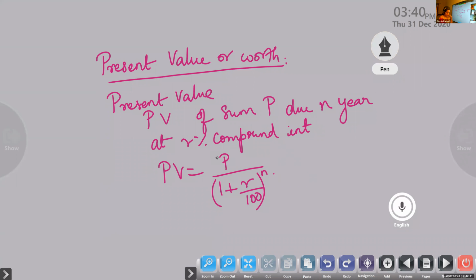So this much formulas we are learning this year. Now let's do some problems based on this.